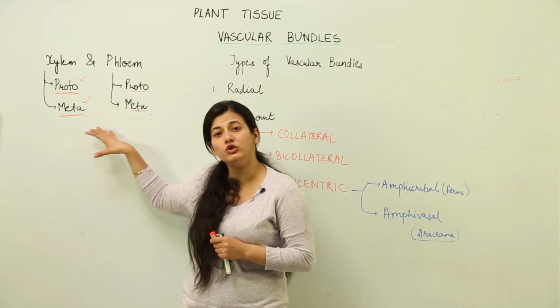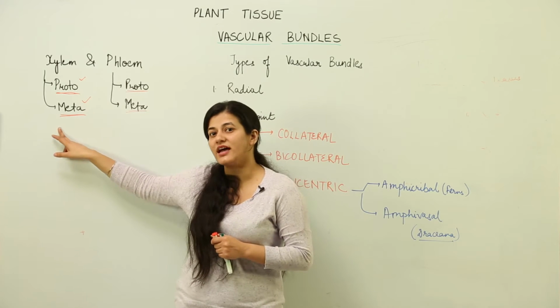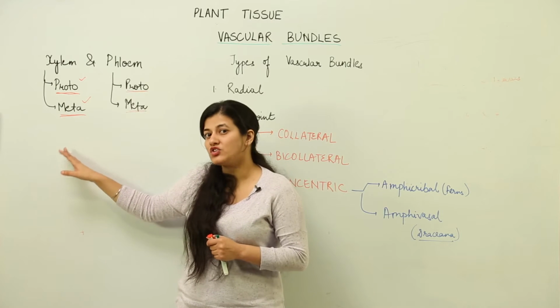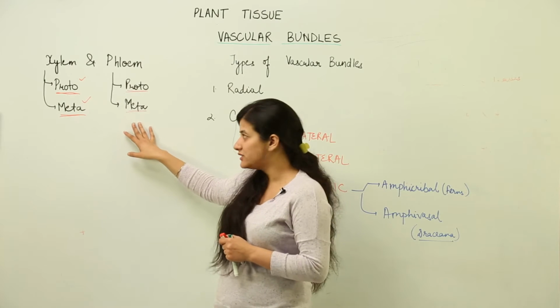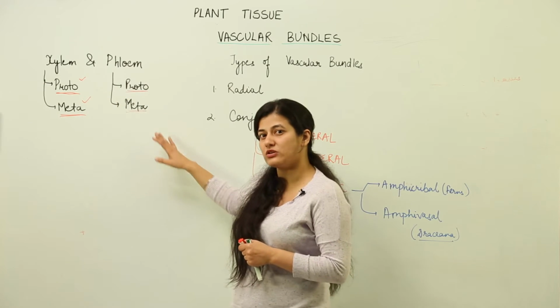That is why the lumen increases. In metaxylem, the tracheids are replaced more by the vessels, which are in contact with the tracheids itself. So that is one clear-cut distinction in the types of xylem and phloem in terms of growth.